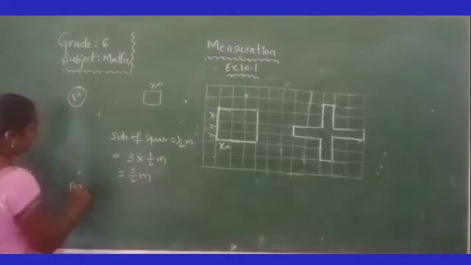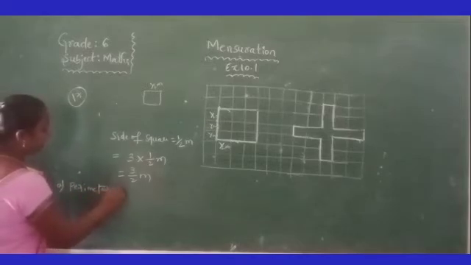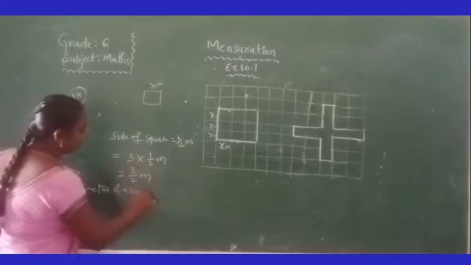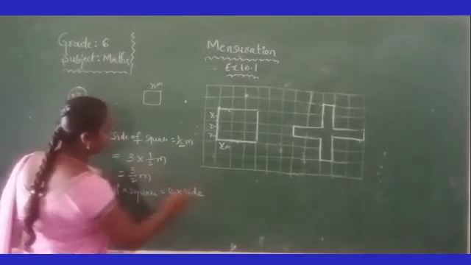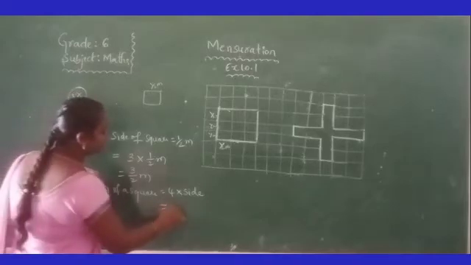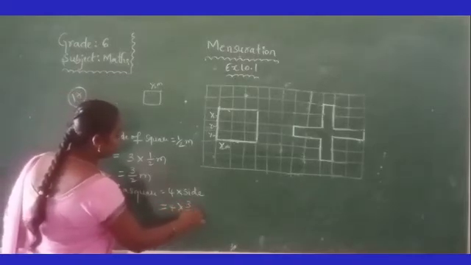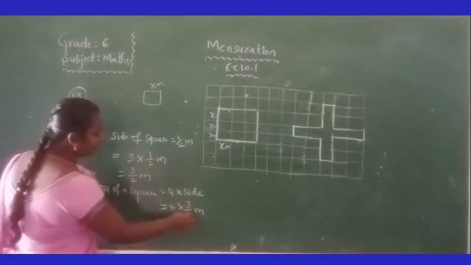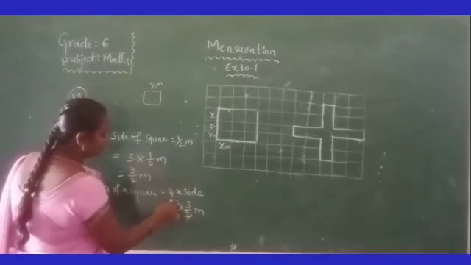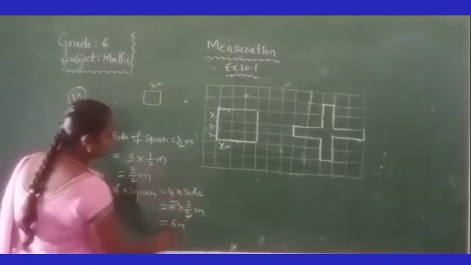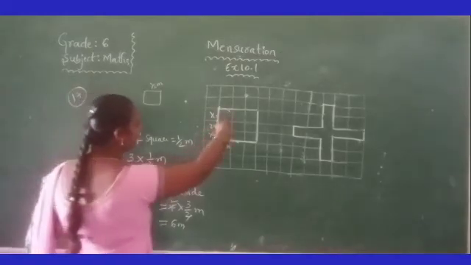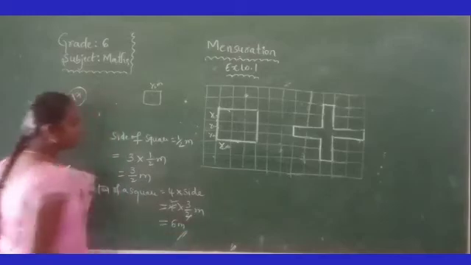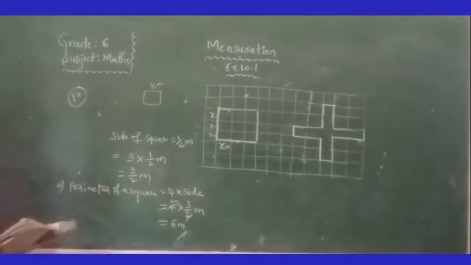We have to find the perimeter of a square. Perimeter of a square is 4 into side. That is 4 into 3/2 meters. Simplify: 2 ones are 2, 2 twos are 4, 2 threes are 6 meters. What is the perimeter of the arrangement of square paving slabs? 6 meters. Right.